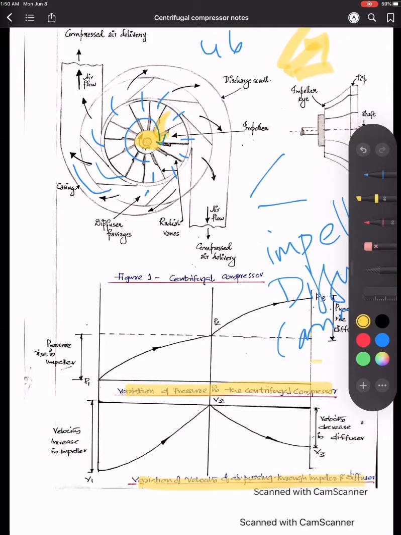As you can see, the pressure increases to P3, and this shows the pressure rise in the impeller, and it will again increase in the diffuser area. In the case of velocity, in the impeller the velocity increases, and in the diffuser the velocity decreases, which I have explained before. So I hope you have clearly understood the working.